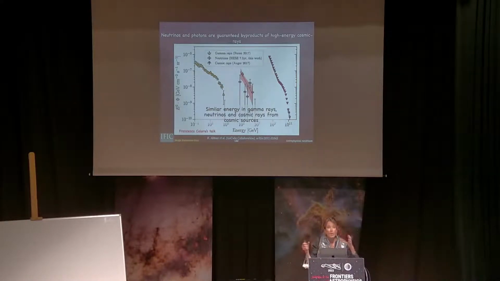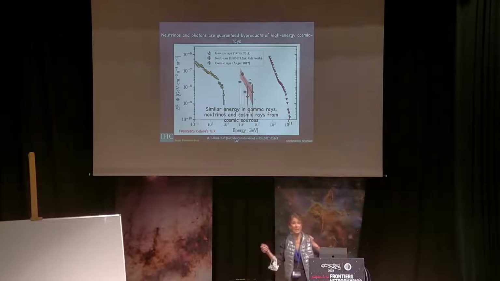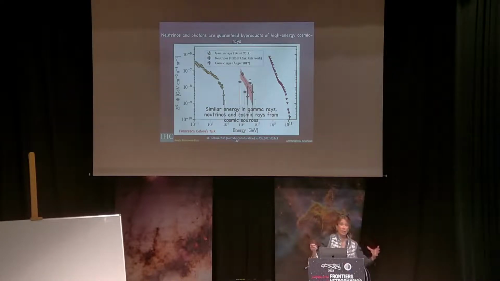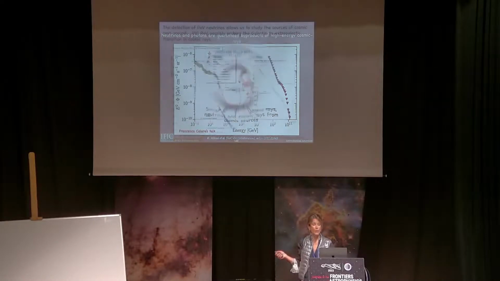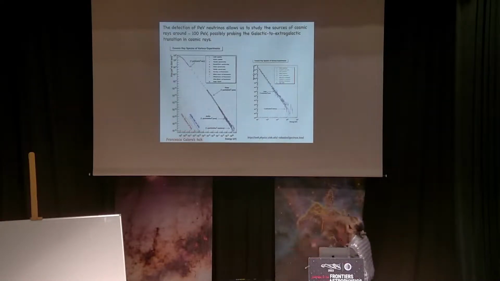One cannot understand one without understanding the others. That's why we call this multi-messenger astronomy, okay? This is a plot that you have already seen in Francesca's lecture. Here we have the knee, the ankle, and here we have the very ultra-high energy cosmic rays.